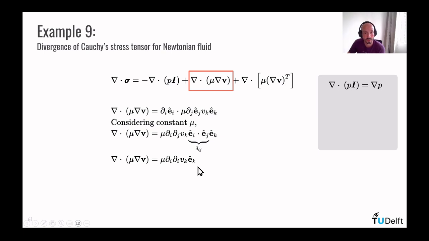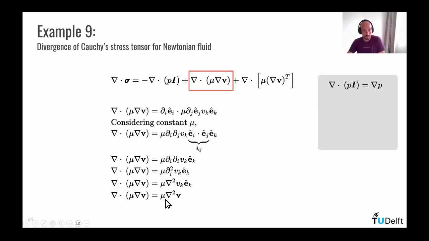We see del sub i, this is del sub i squared, so Laplacian, and this v_k e hat k is the vector v. So this is equal to the Laplacian of a vector.